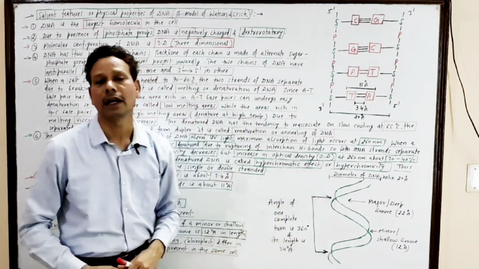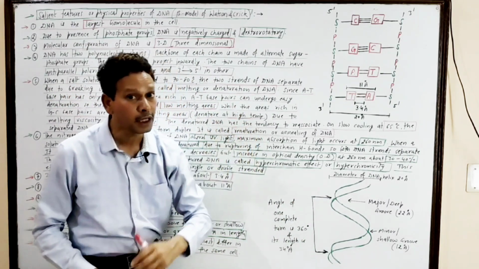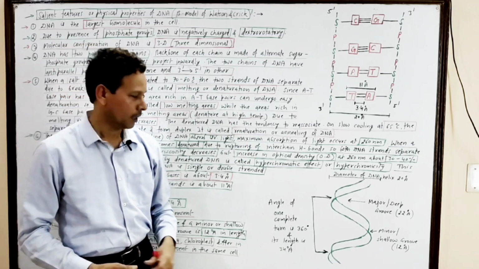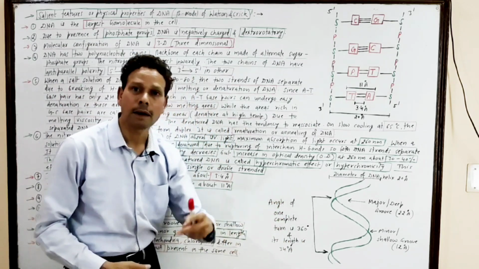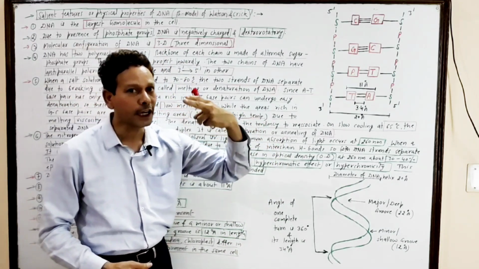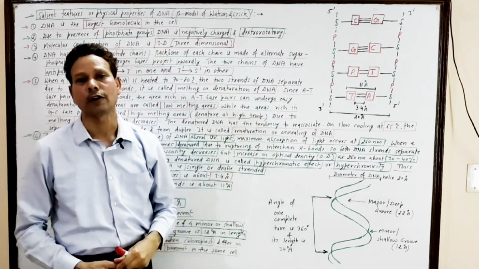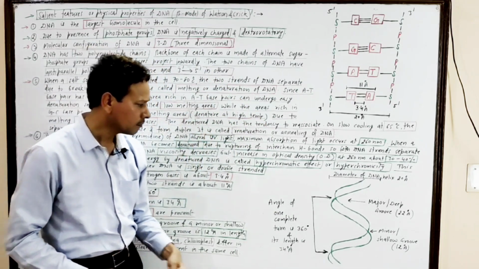In this complete turn, about 10 base pairs are present. It means the interval between two successive nitrogen base pairs is 3.4 angstrom.